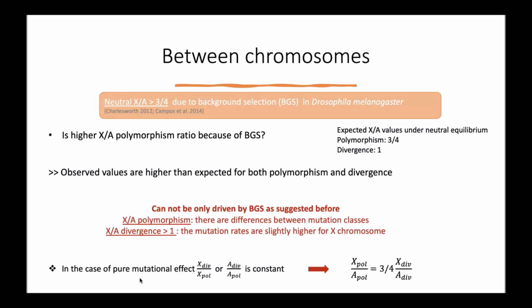In the case of a pure mutational effect, the divergence and polymorphism should increase or decrease proportionally for the chromosomes. So I do not expect these ratios to change, but to stay constant. So I can check this expectation, whether there is a mutational effect or directional force.